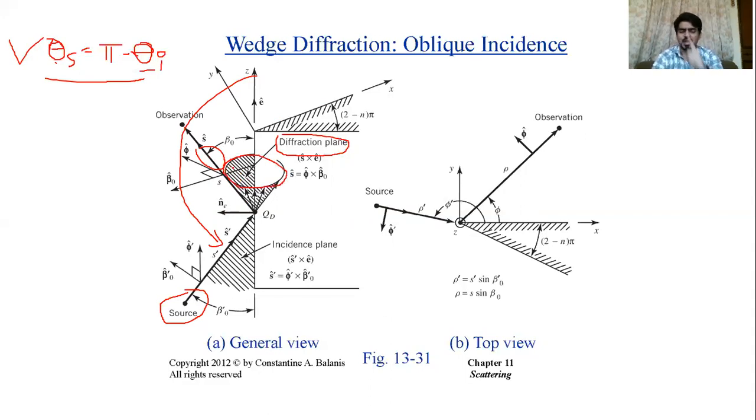That cone is the diffraction cone, known as a Keller cone. It is named after Joseph B. Keller, who contributed a lot to the development of the geometrical theory of diffraction, GTD, and that's why this cone is called the Keller cone.